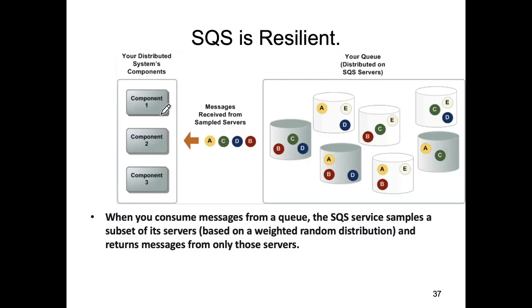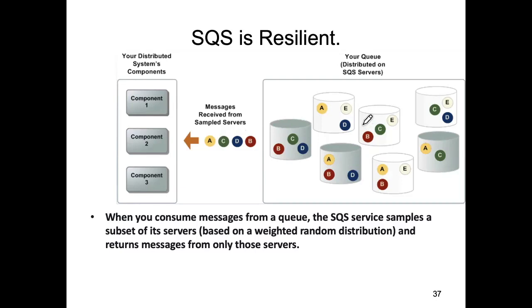For the second polling request, the SQS service will again select a subset of the servers. Well, not completely random, but using some algorithm. But in the second polling case, it would bring in some of the servers that weren't included in the first polling request. So eventually, the consumer will get all of the messages, but there's no guarantee of the ordering.